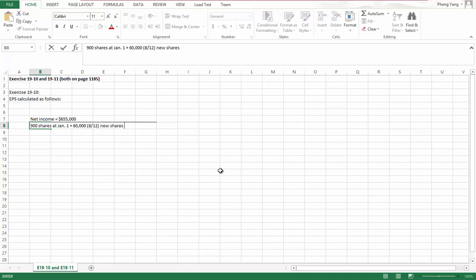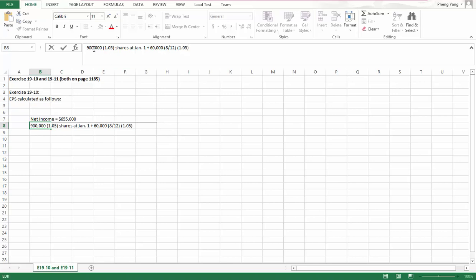You also have to multiply by the stock dividend. I also have to do that here, so I'm going to change it here right now. This 1.05 is saying that we had a 5% stock dividend.